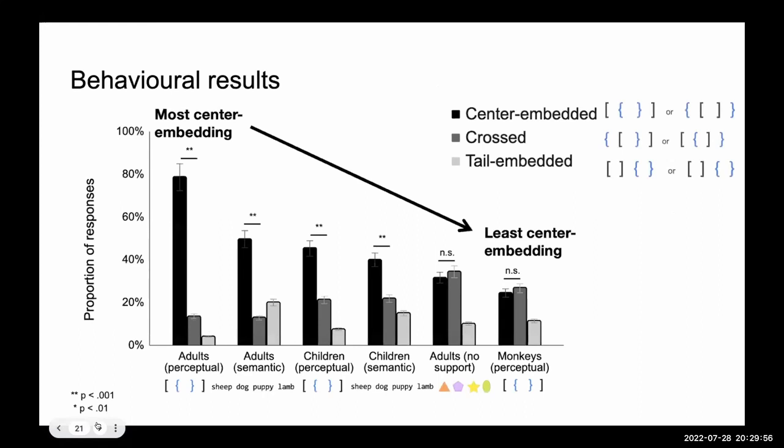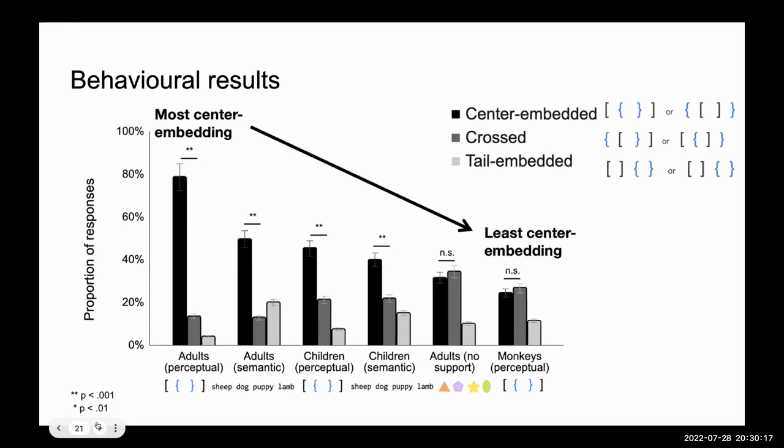So what are the results? If all of that was too much detail, the key takeaway was that we had adults and children and monkeys performing these different conditions, and we took a look at what types of sequences they were generating.